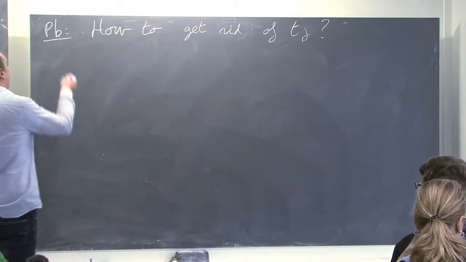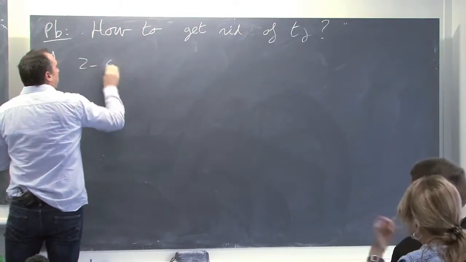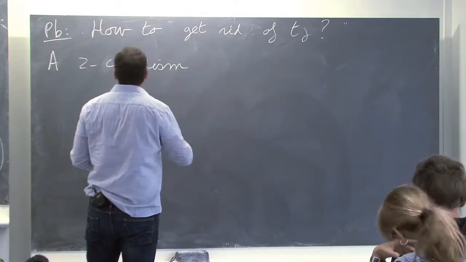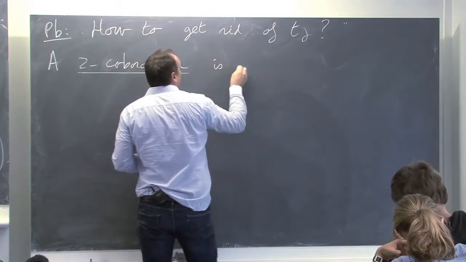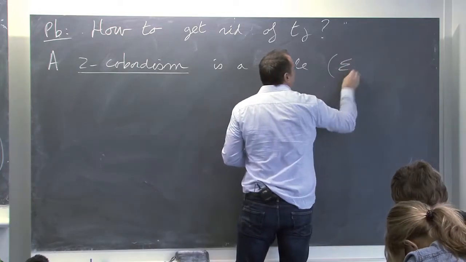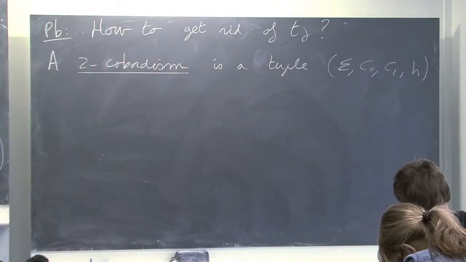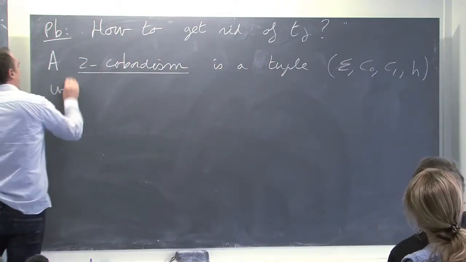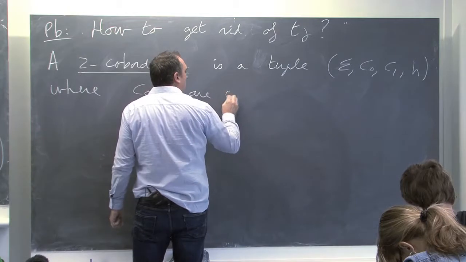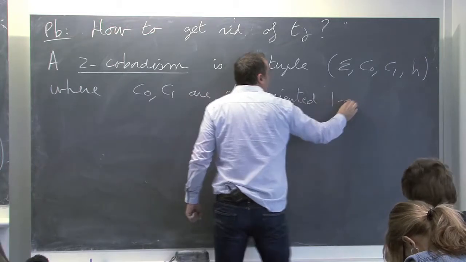So, now, what is it? A two-dimensional, so let's say a two-cobordism is a quadruple, let's say sigma, C0, C1, H, where C0 and C1 are closed, oriented one-manifolds.